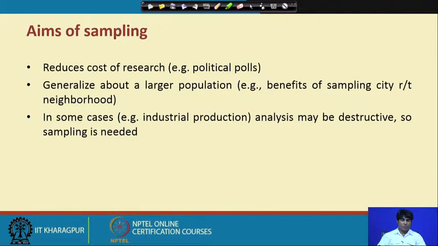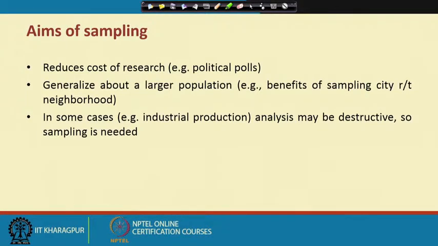So it is a process of generalization about a large population. In some cases analysis may be destructive, so sampling is very much needed. Technically, the suggestion is that we should go by a sampling process, sample selection and analysis, not the population specification.